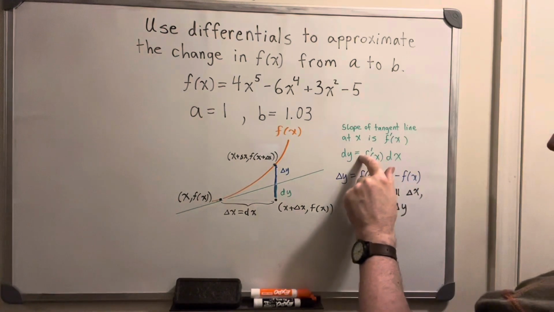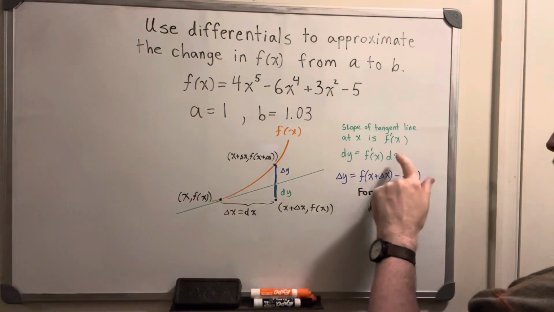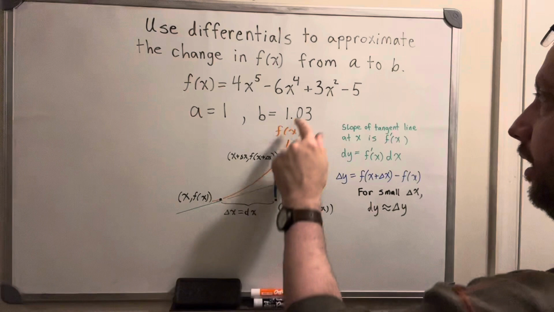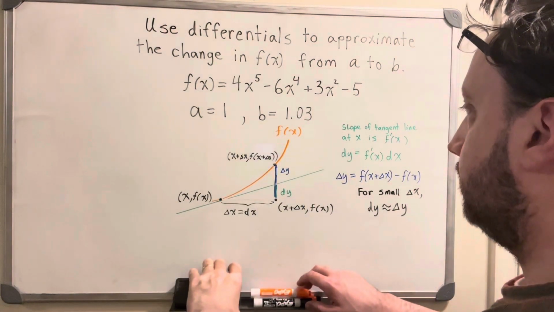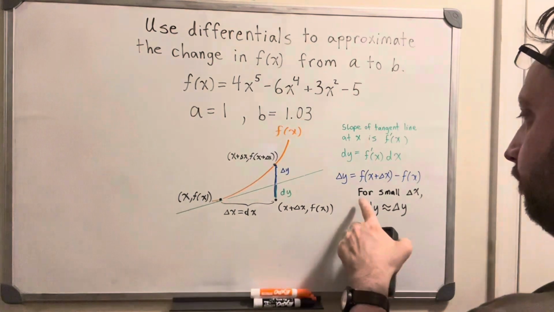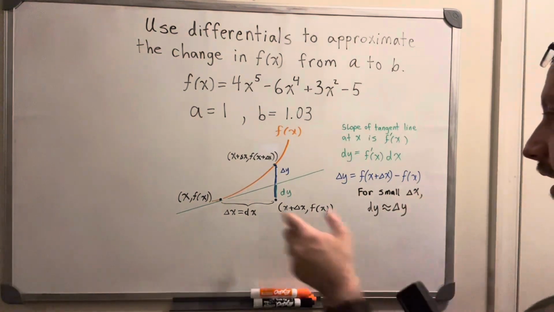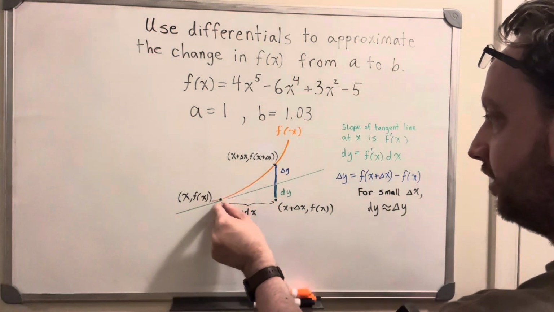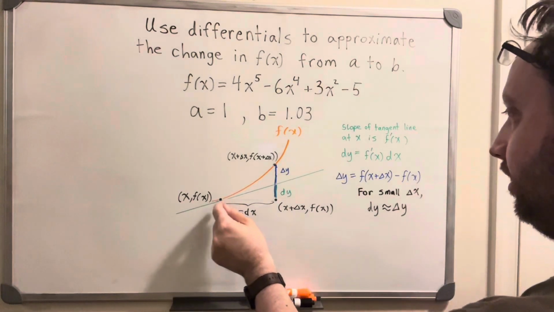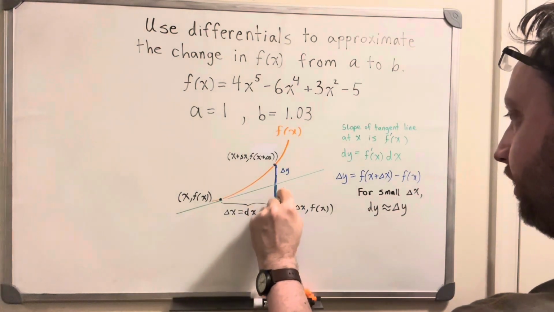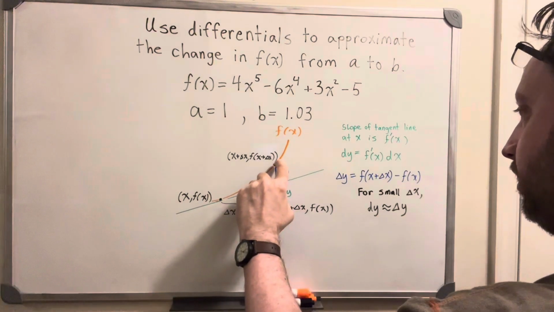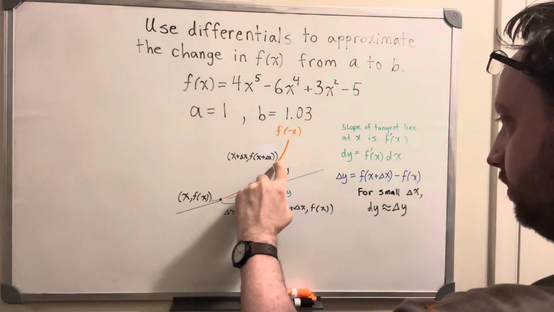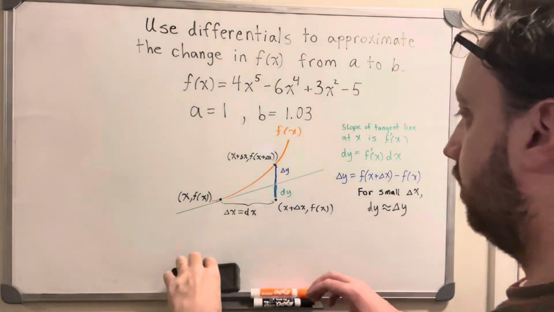You get the function's derivative and you multiply it by the run. So for smaller and smaller values, as this distance decreases, the differential becomes closer and closer to the increment in the actual difference in y value.